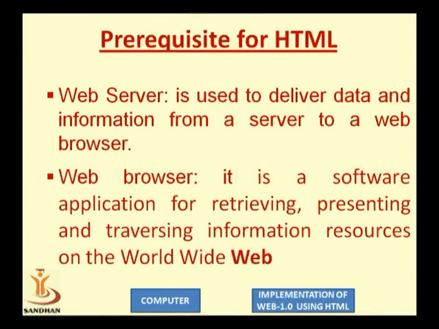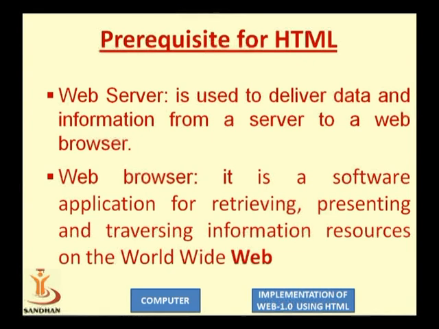And now we are slightly moving our topic to HTML, how we can develop Web 1 using HTML. But before we start HTML, what are the prerequisites for HTML? Here you should know about the web server and the web browser. So first we discuss the web server.